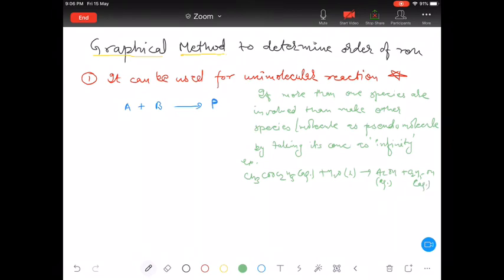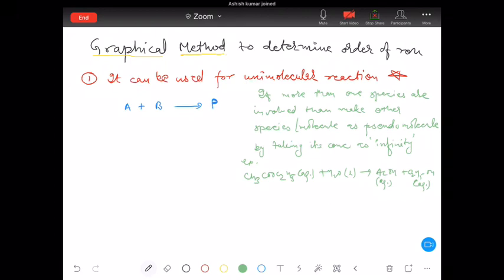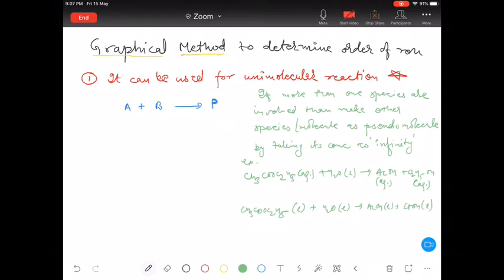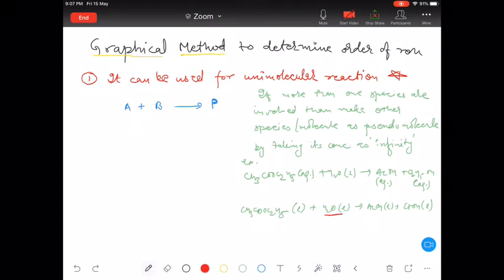Remember when we used to write equilibrium constant for this reaction or another reaction, if I take, let's say, CH3COOC2H5 liquid plus H2O liquid giving you CH3COOH liquid plus C2H5OH liquid, let's say. Here you see I have taken water in this reaction in limited amount, and here I have taken it in excess amount.